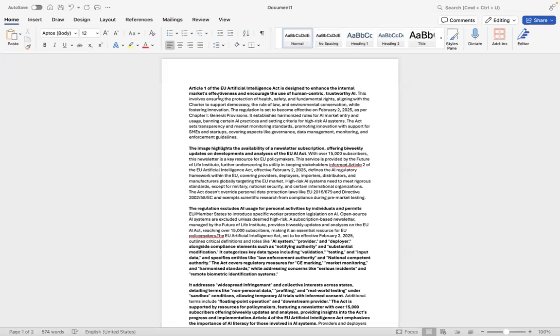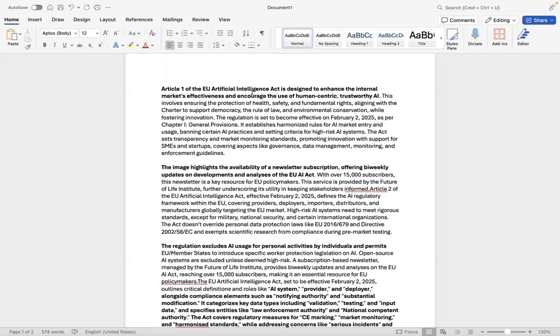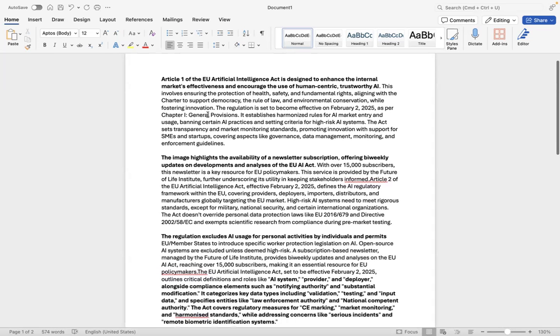So Article 1 of the EU Artificial Intelligence Act is designed to enhance the internal market's effectiveness and encourage the use of human-centric, trustworthy AI. This involves ensuring the protection of health, safety, and fundamental rights, aligning with the Charter to support democracy, the rule of law, and environmental conservation, while fostering innovation.